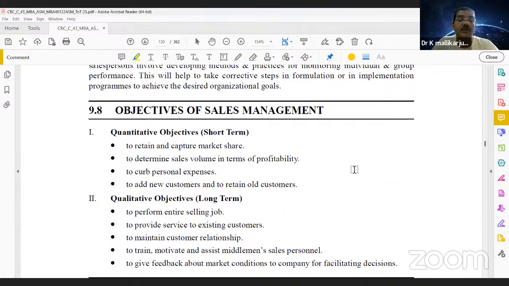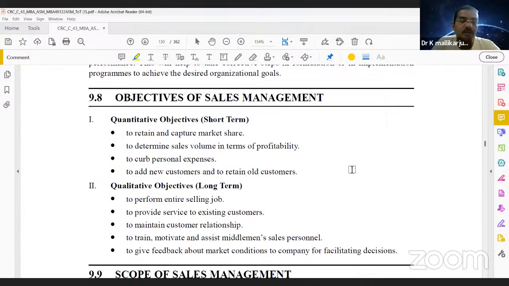Now, these are the objectives of sales management, and there are two different types of objectives, short term as well as long term. The quantitative objectives are to retain and capture market share. The company has to retain the existing customers and add new customers, and they want to be the market leader.